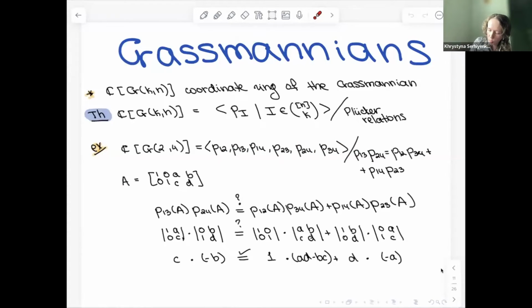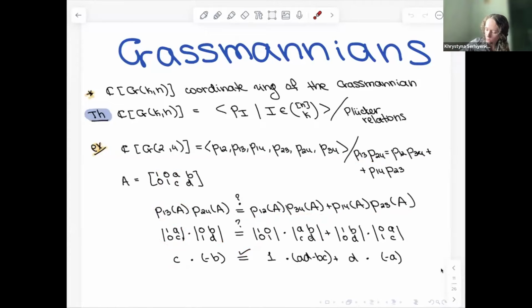You can compute, let's say, P13 and P24 for the matrix A. So what is P13 of A? You take the first and the third column, and then you take the determinant of this matrix, which gives me just c. And then you can do it for the rest of the variables. You can compute the determinants, and indeed you get that this is satisfied. So these are the things we are talking about.